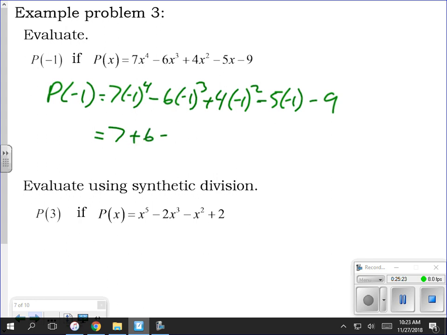Negative 1 squared is 1, so that's plus 4. 5 times negative 1 is plus 5. Minus 9. Oh, that's not so bad, is it? What do these three numbers here add up to? 0. So my answer is 13.